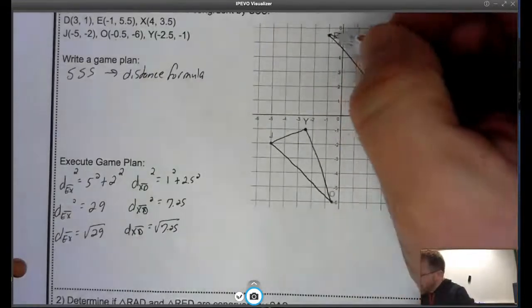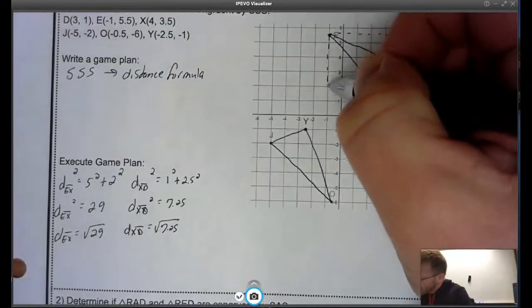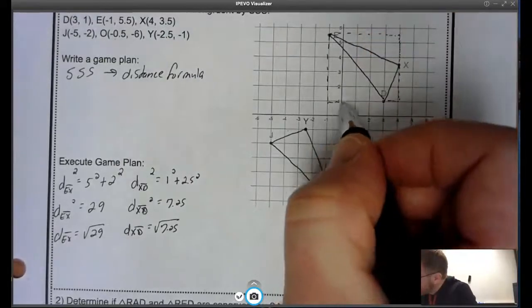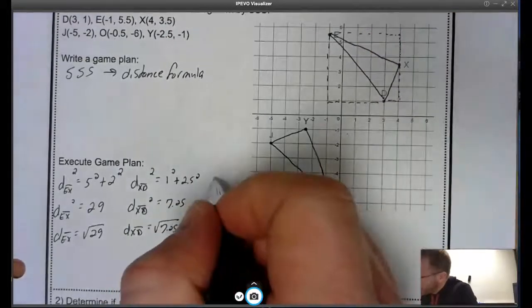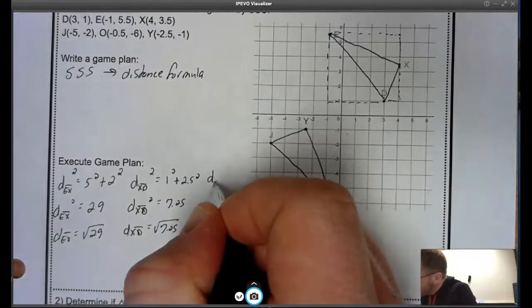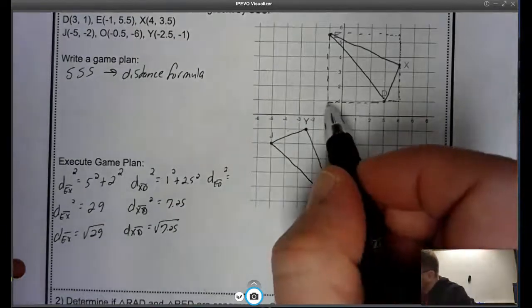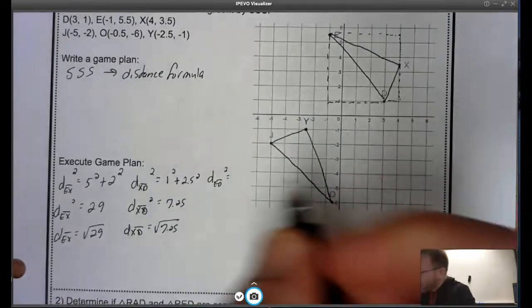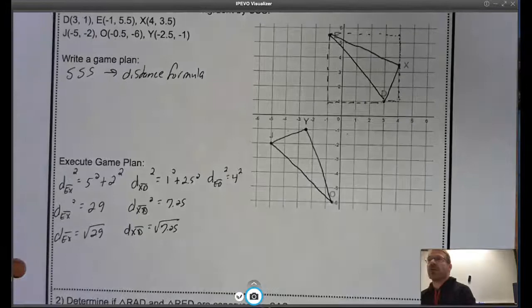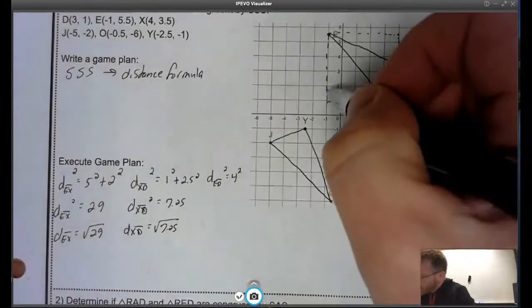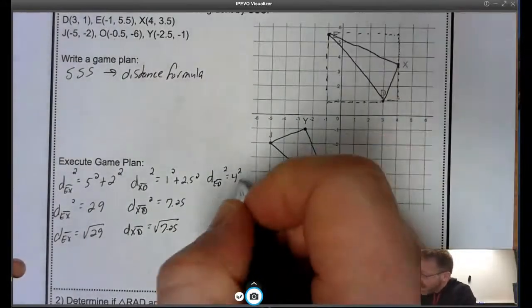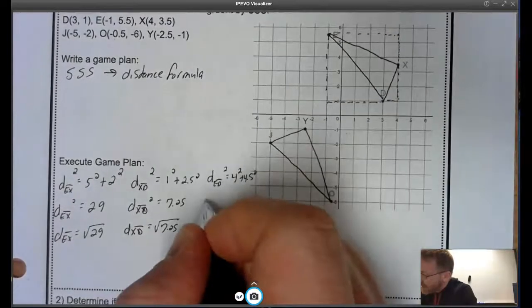Okay, so now let's find this distance here, which is our final triangle. So the distance of ED squared equals 4 squared plus 4.5 squared, and I can look here, and it looks like I have 1, 2, 3, 4 for the length of that horizontal leg, and then 1, 2, 3, 4.5 for that leg.